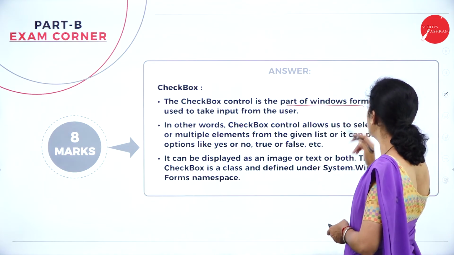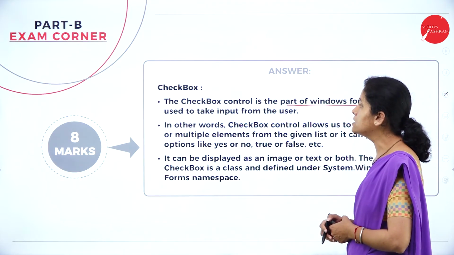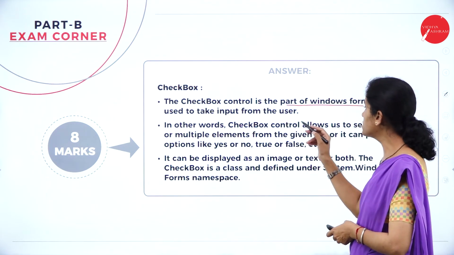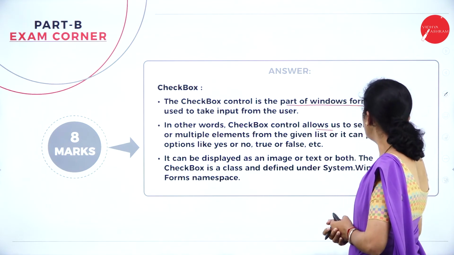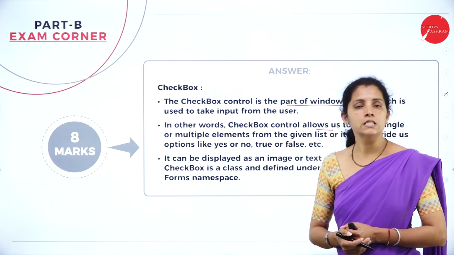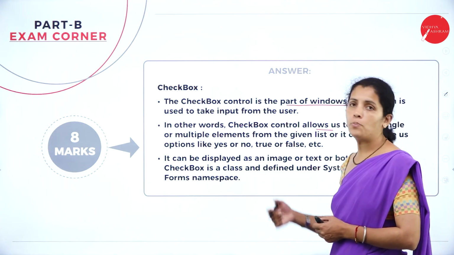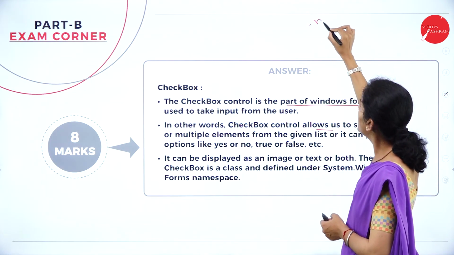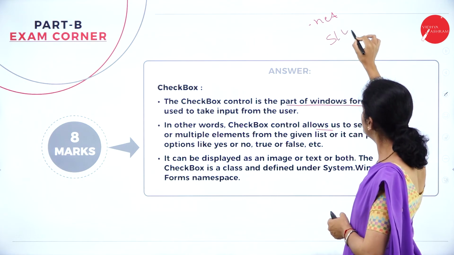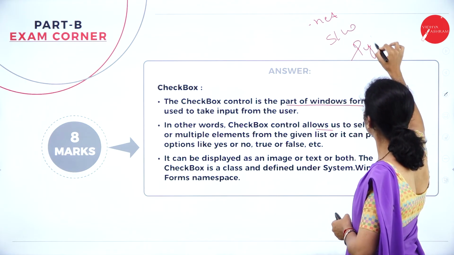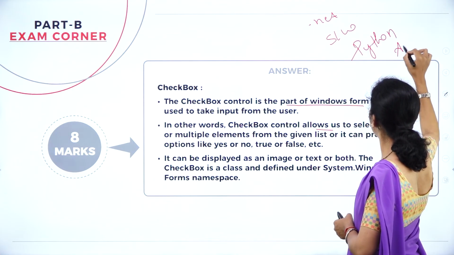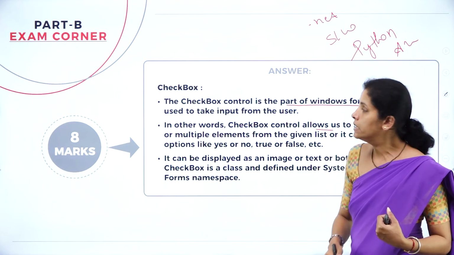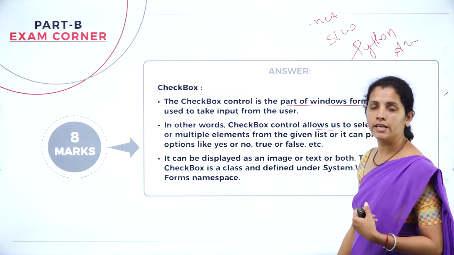Okay, it's a part of Windows Form which takes input from the user. In other words, checkbox control allows the user to select single or multiple options. For example, if I consider the subjects .NET, software engineering, Python, Android, etc. Okay, now I want to select multiple subjects. At that time, I can use checkbox.